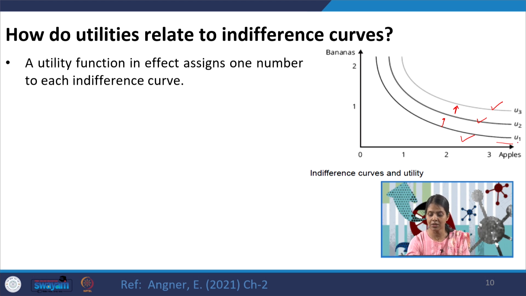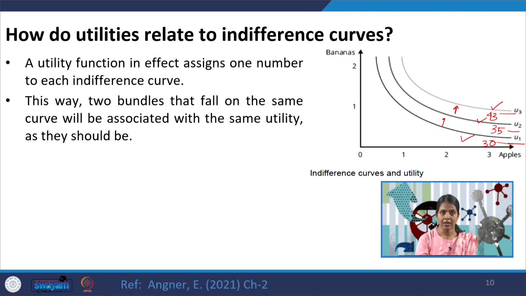For example, utility represented here is say 30, U2 represents a utility level of 35, U3 represents a utility level of 43. This way, two bundles that fall on the same curve will be associated with the same utility as they should be. Since along this curve U1 utility remains constant at 30, any two bundles are going to give me a utility of 30, and so is true for U2 and U3.